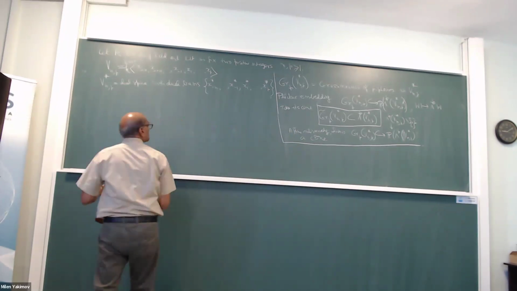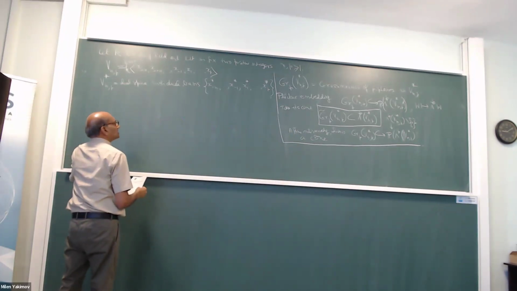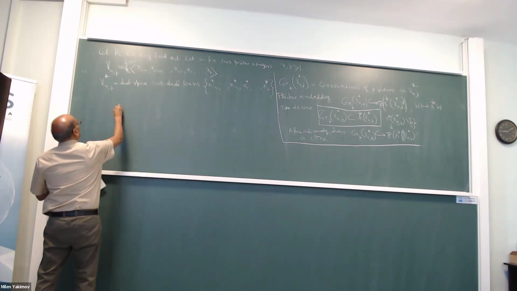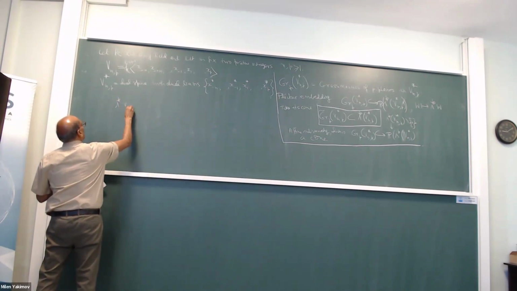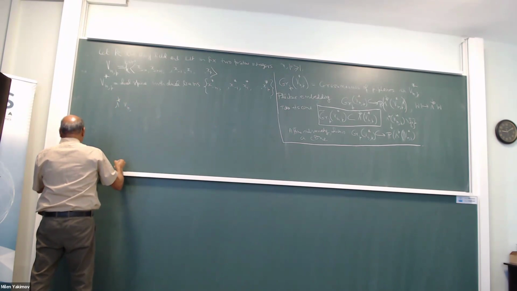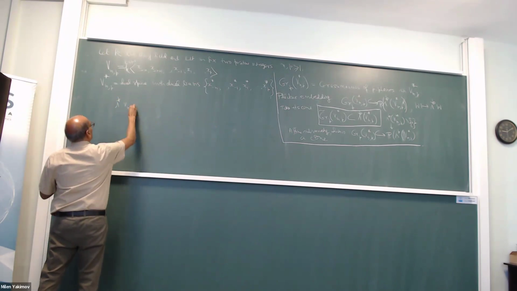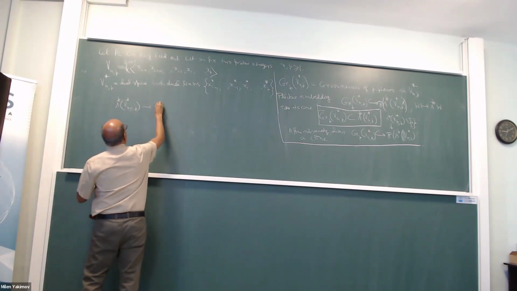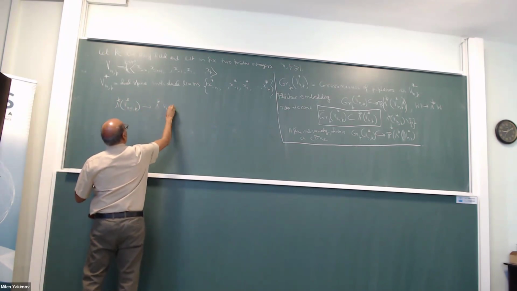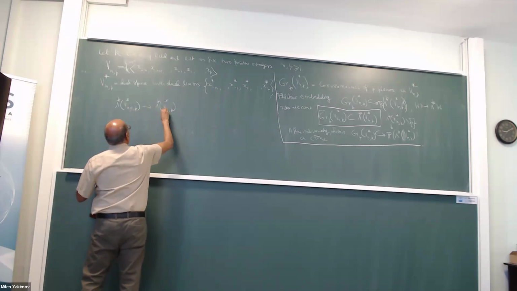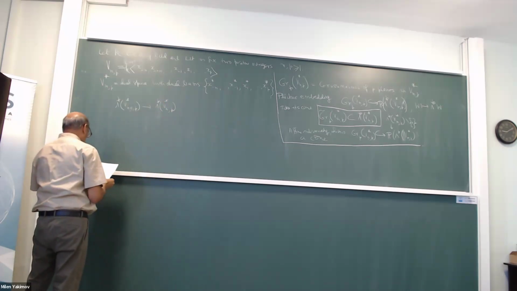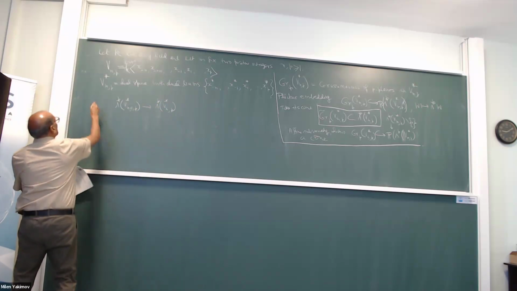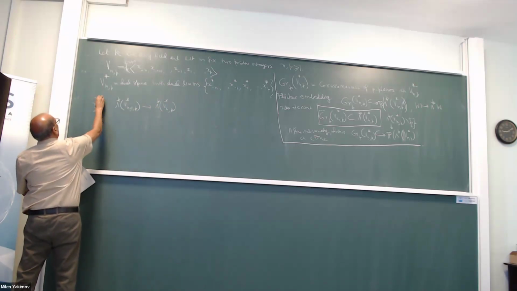Now there are two maps which I'm going to consider. So we have the exterior power of V_{n+1} ⊗ P* to the exterior power of V_n ⊗ P*, and that is just the restriction map, and I want to write this N plus 1.